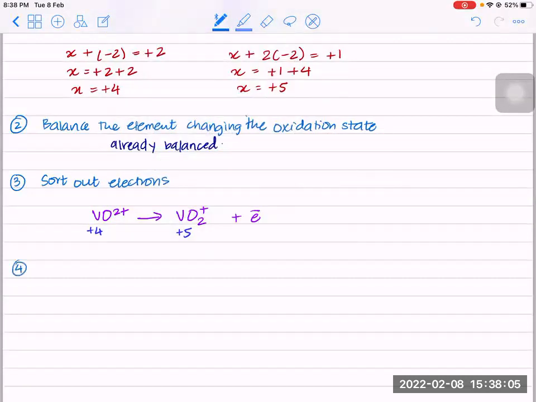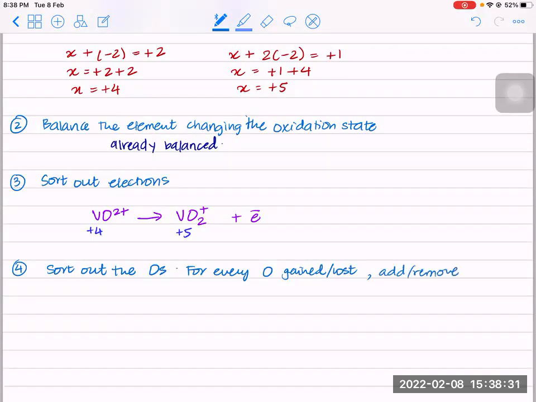Once the electrons are sorted, you sort out the oxygens, right? How do we sort out oxygen? For every oxygen gained or lost, you add or remove one H2O molecule.